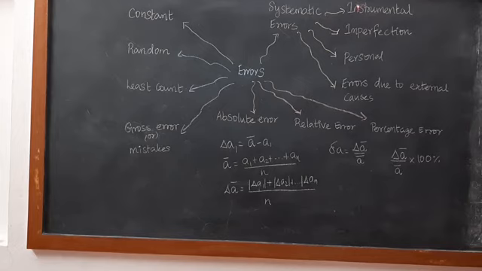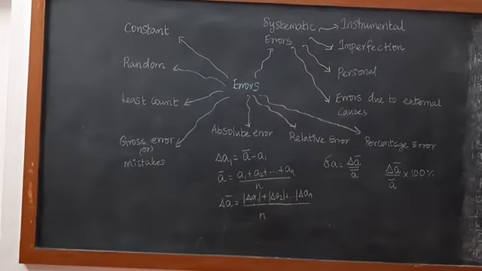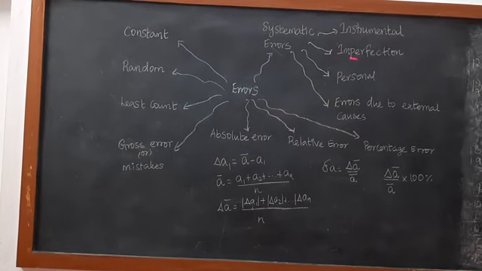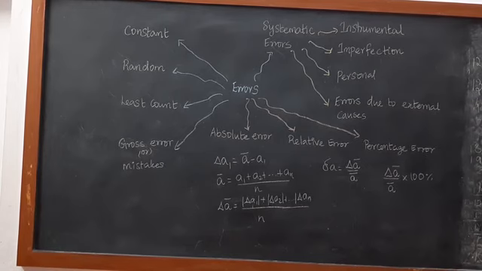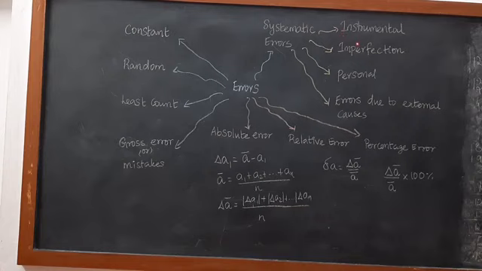What are instrumental errors? They occur due to some inbuilt defect, so that is called an instrumental defect. A very good example is that in vernier calipers, the zero mark of the vernier scale may not coincide with the zero of the main scale. That is a very good example of instrumental error.